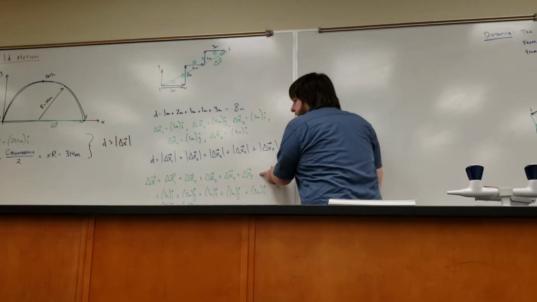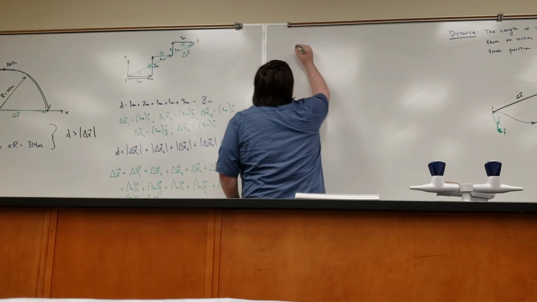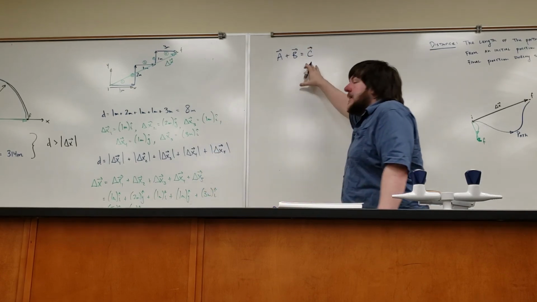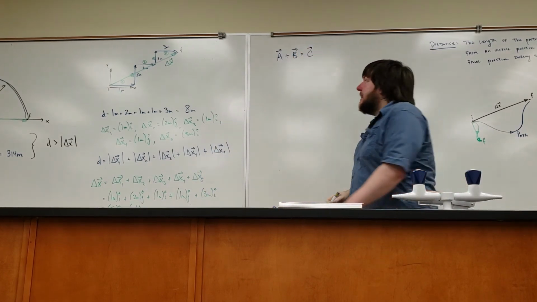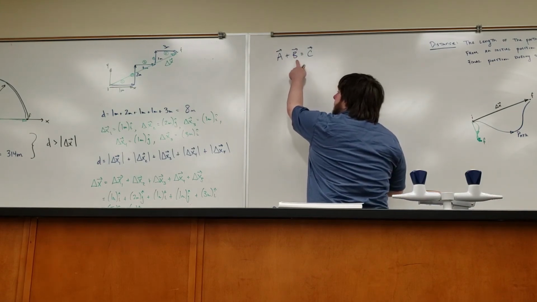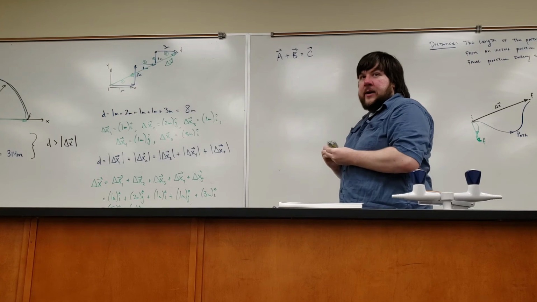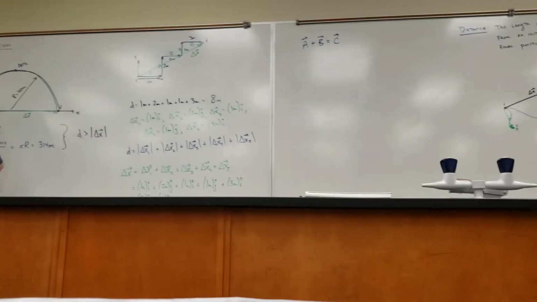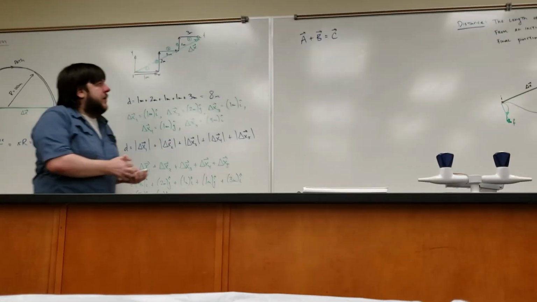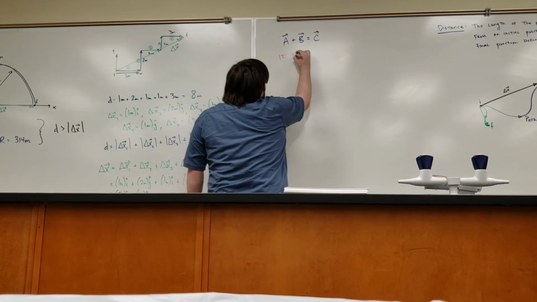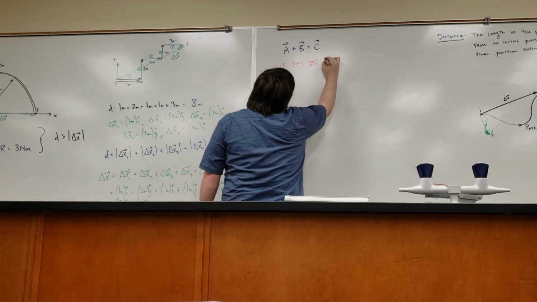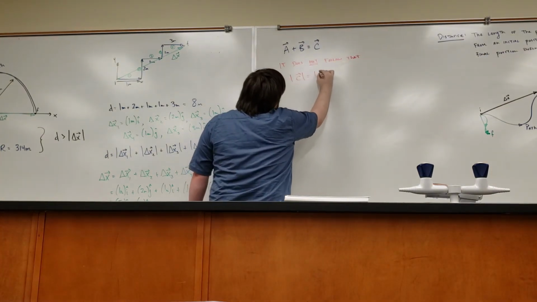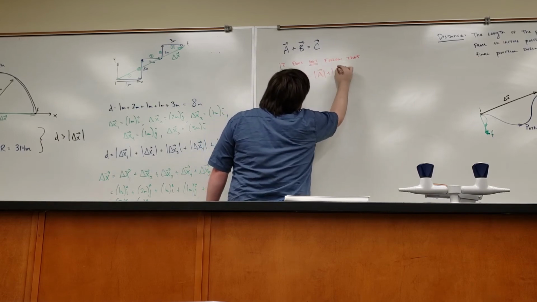If you have a vector sum, like I had said, imagine A plus B equals some new vector C. Then it is not guaranteed to be true that the magnitude of A plus the magnitude of B will equal the magnitude of C. Just because this is true does not mean that the magnitude of A plus the magnitude of B equals the magnitude of C. It does not follow that the magnitude of C equals the magnitude of A plus the magnitude of B.